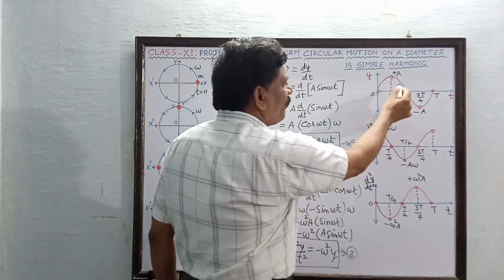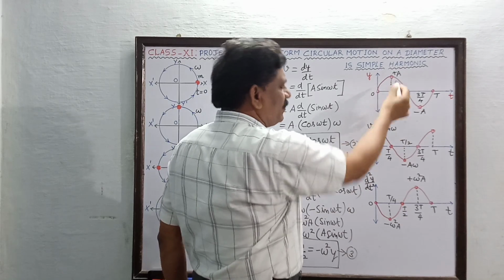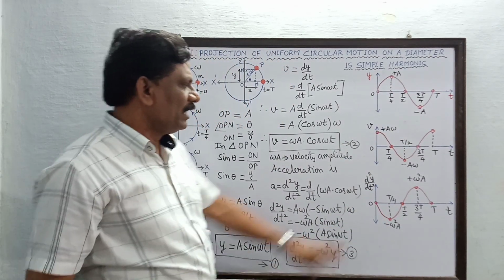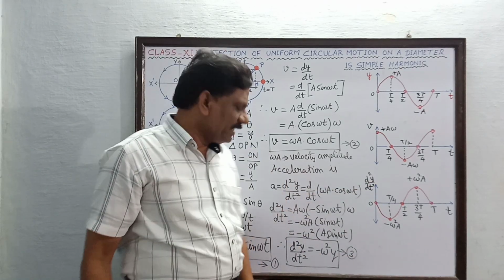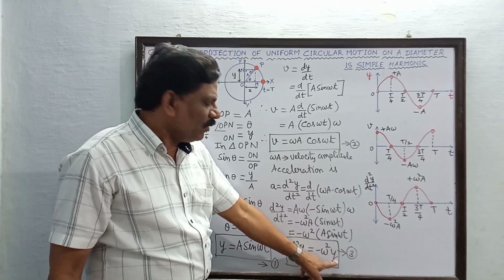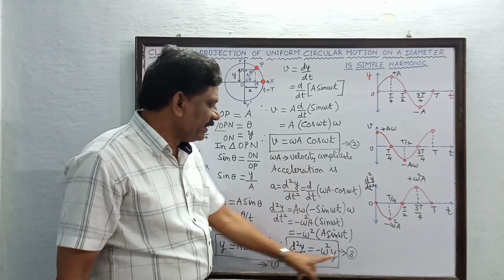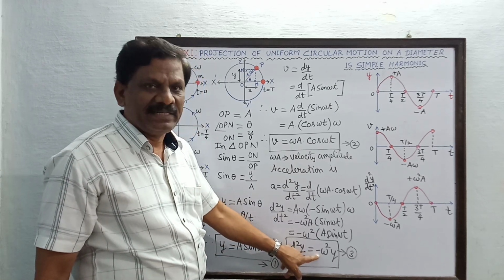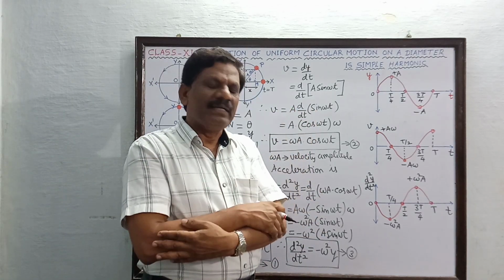So from these two you find that the displacement and acceleration are directly proportional to each other and also in opposite directions. You see here, d square y by dt square and y, the displacement and acceleration, are directly proportional to each other, but with a negative sign, which indicates that they are oppositely directed.